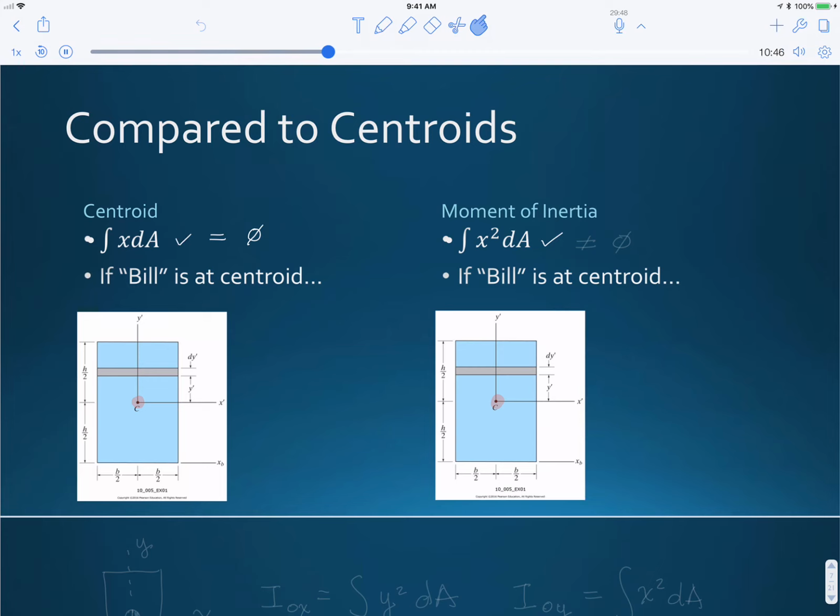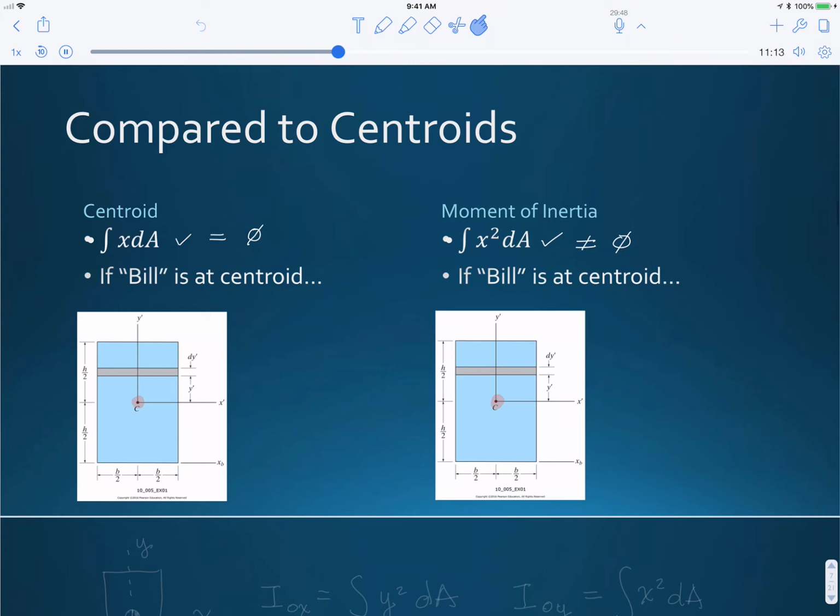That's the definition of the centroid, that there's no moment about the centroid. However, the integral of x squared dA is most certainly not 0. At the centroid, it's never 0 because it's x squared. The positives and negatives don't cancel out. However, the moment of inertia is minimum at the centroid, but it's not 0.